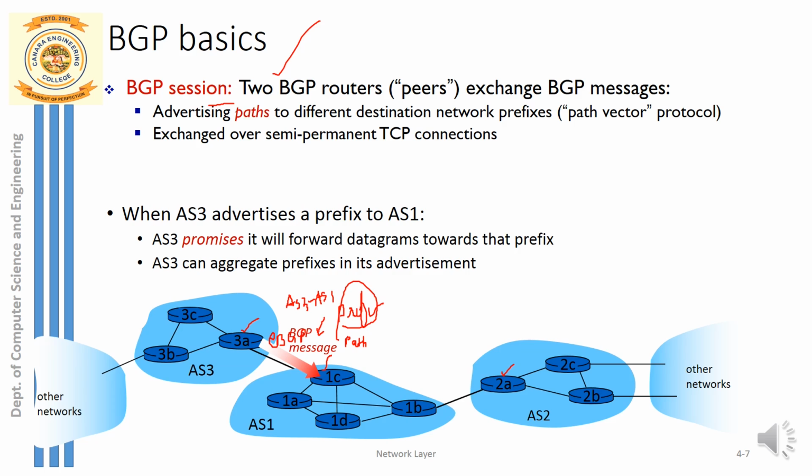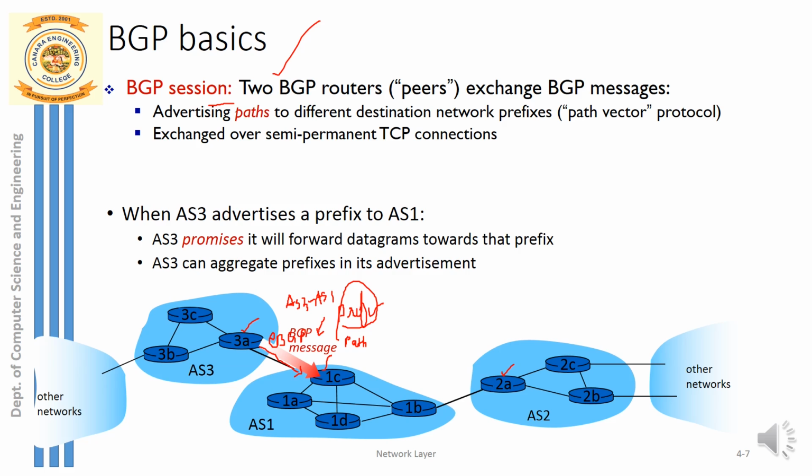So all those subnets inside AS3 will have a common prefix, and that common prefix is actually shared as reachability information with the other border router which is part of AS1. So our border router 3A will share this prefix to the other border router, so that this border router will come to know which are the reachable subnets inside AS3. That border router 1C will later redirect that information to all the other routers inside AS1.